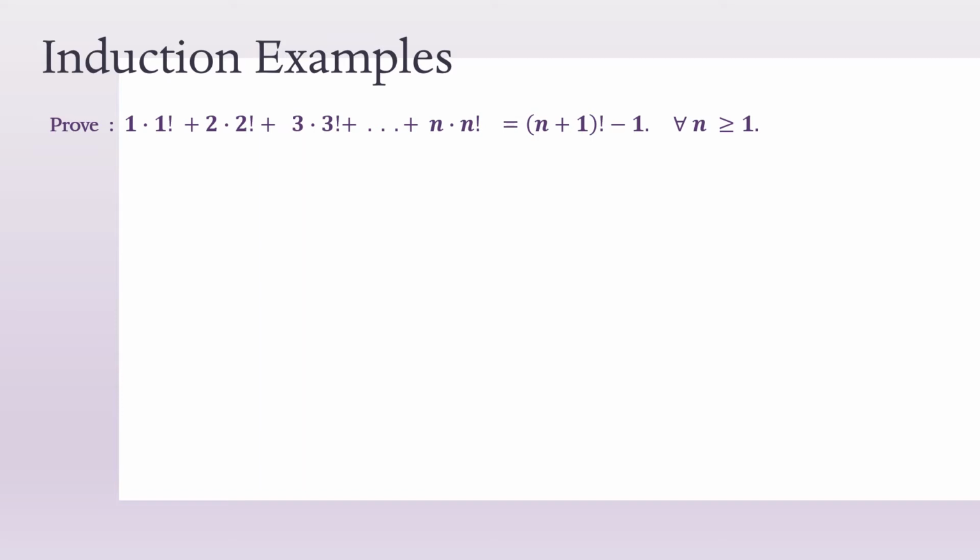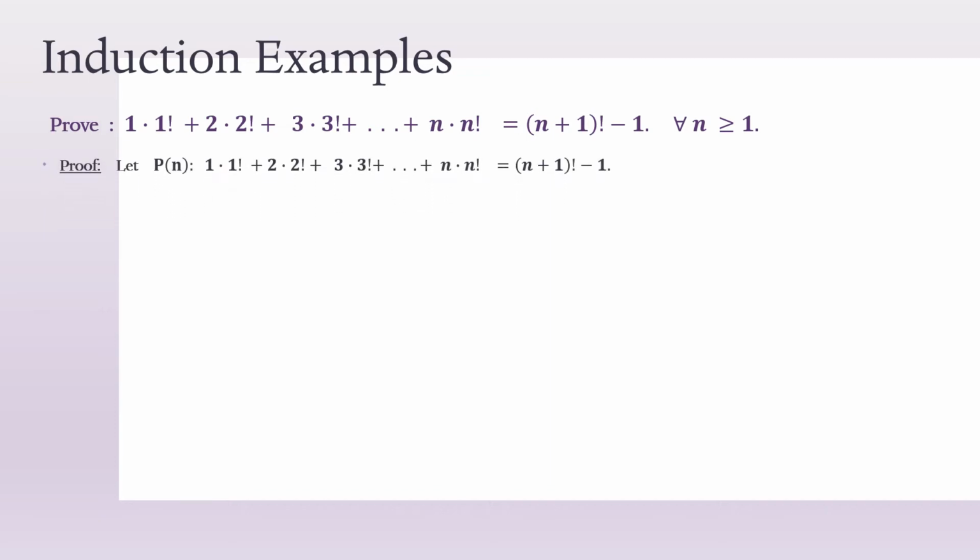So if we want to prove this result, we have to take the given result as some P of n, and we know that the initial condition here is n equal to 1. So let us assume that P of n is the given statement, 1 times 1 factorial plus 2 times 2 factorial, etc., is n plus 1 factorial minus 1.